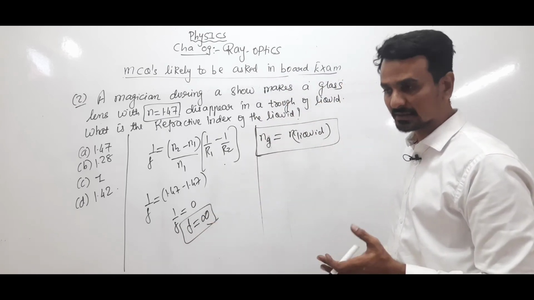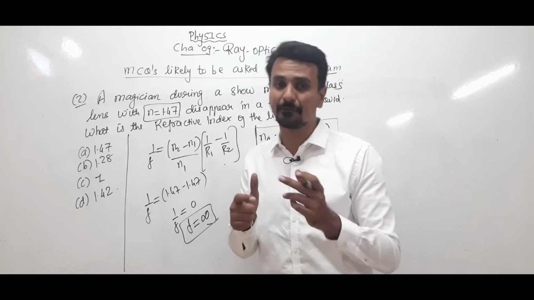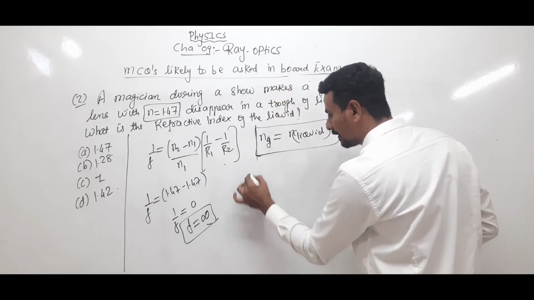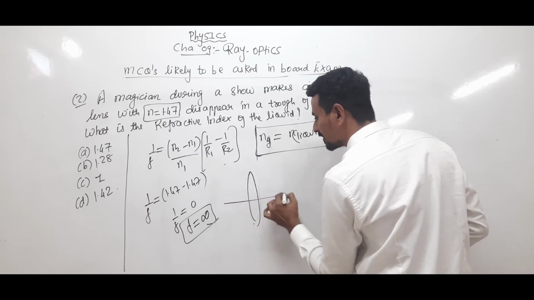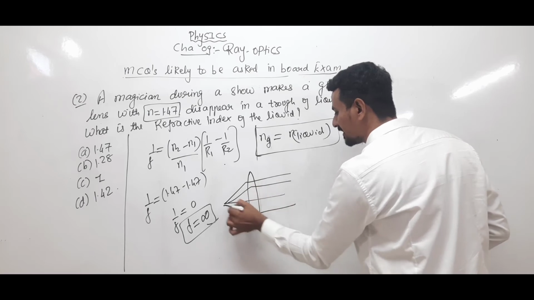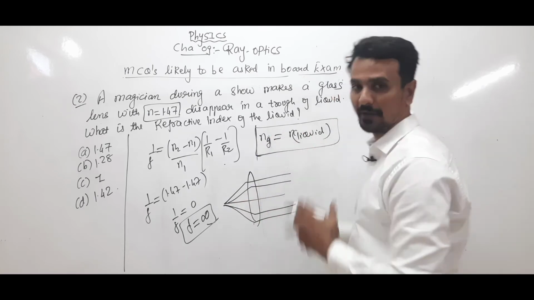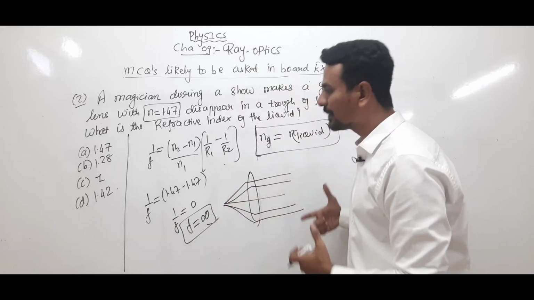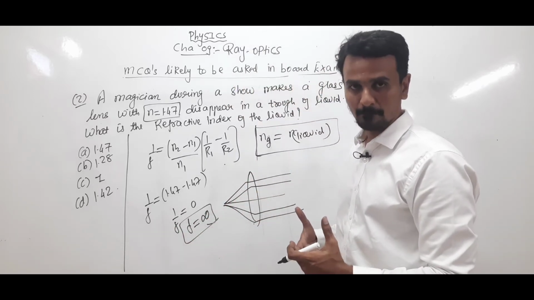Focal length means the distance where the rays after the refraction meet. So, focal length is infinite, it means rays after refraction will be parallel to principal axis, that means it will form the image at infinity, or rather you can say we will not be able to see the image at all, right?